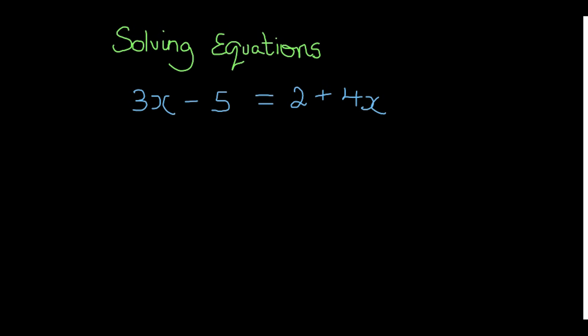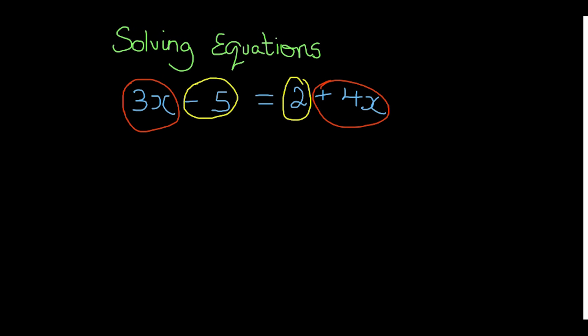Lovely. Identify your like terms. So anybody wants to tell me where the like terms are at? Nice. 3x and the 4x, these guys are like terms. And then that minus 5 with that positive 2, those two are also like terms to each other.